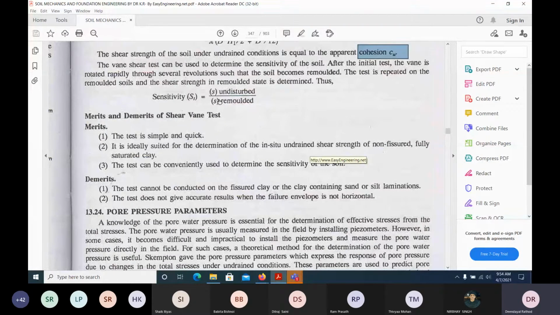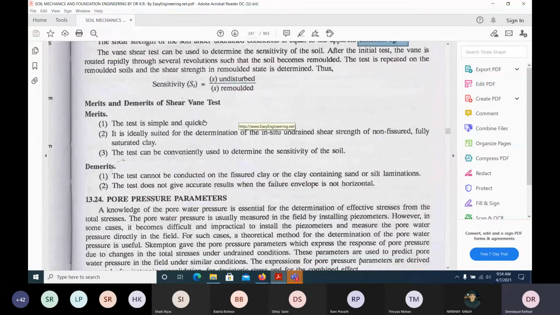So what are the merits and the demerits of this vane shear test? The test is simple and quick. It is ideally suited for the determination of the in situ undrained shear strength of a non-fissured, fully saturated clay. The test can be conveniently used for sensitive soil also. What are the demerits?